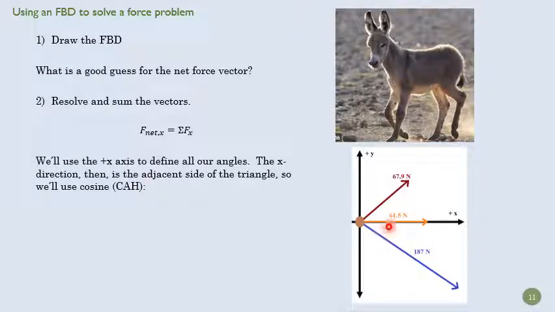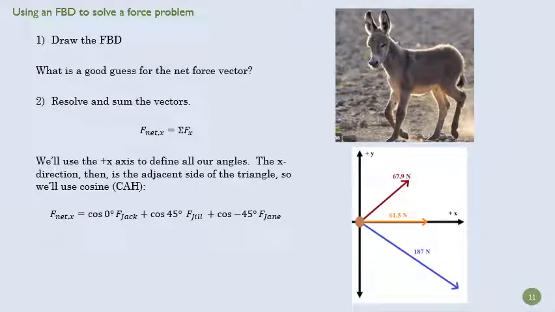This one too is negative 45, but I still want the adjacent here. And then if we think about this shrinking down all the way to 0, it's the same situation. It's just that this is 0 degrees, and so cosine is going to give us that full vector. So cosine of 0 times the force of Jack, cosine of 45 times the force of Jill, and cosine of negative 45 times the force of Jane.